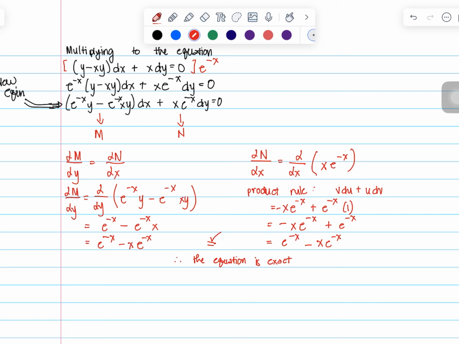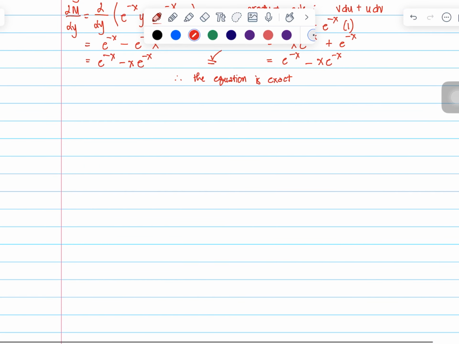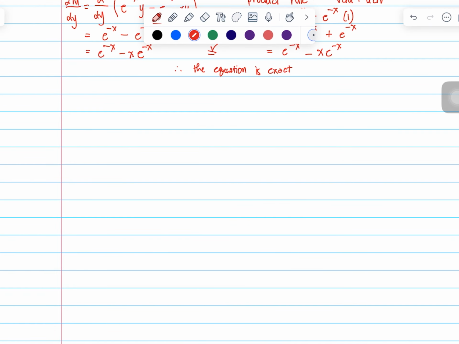Now, how do we solve the DE for exact equations? How do we solve it? Okay. So solving for exact equations, we have the partial of f with respect to x is equal to m in terms of x and y, and the partial of f with respect to y is equal to n in terms of x and y.